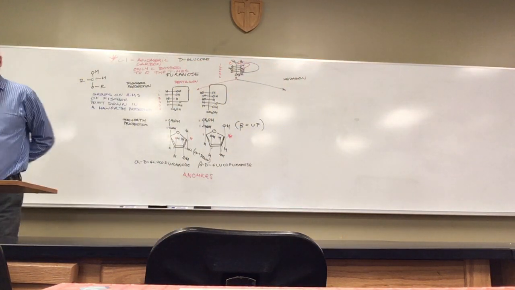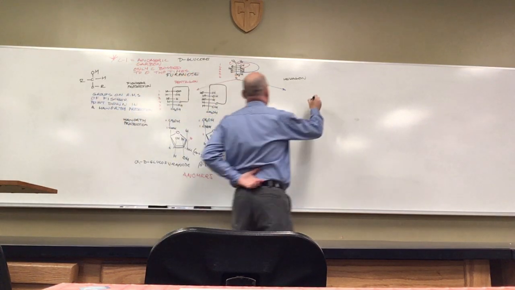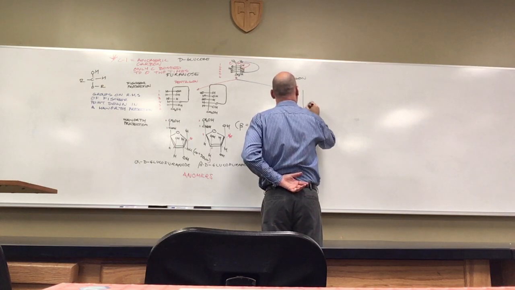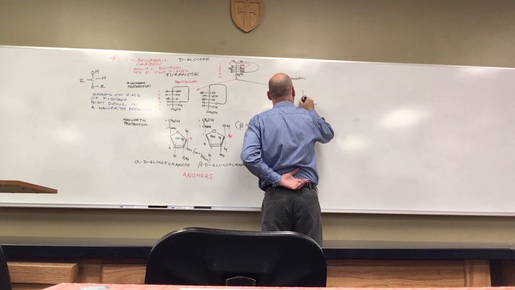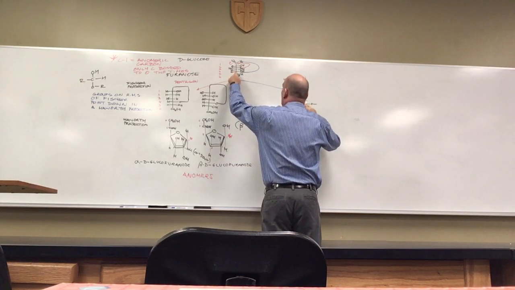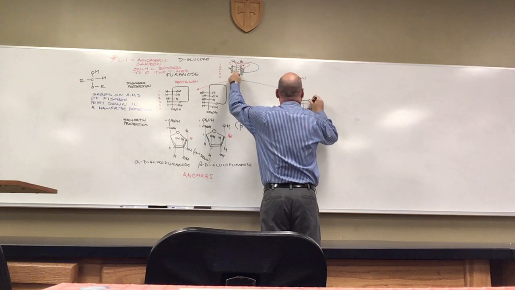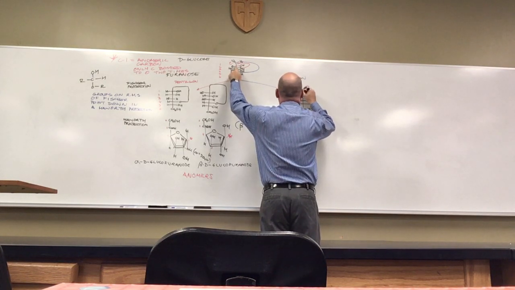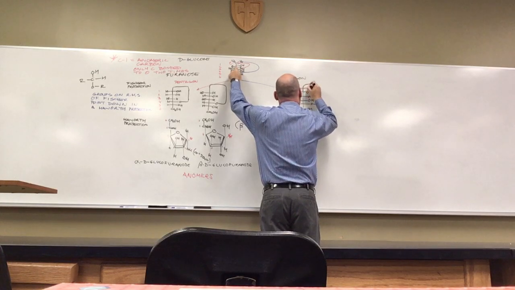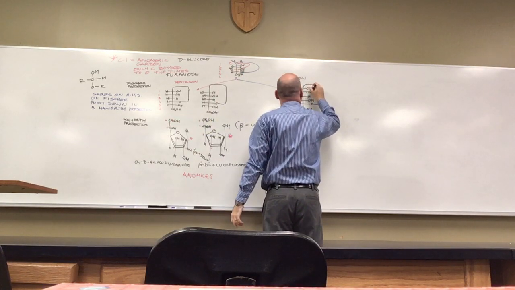Let's do it for the hexagons. Primary alcohol stays the same. The oxygen on carbon number 5 is going to make an ether. Carbon number 4 is untouched. Carbon number 3 is untouched. Carbon number 2 is untouched. Carbon number 1 can go left or right.